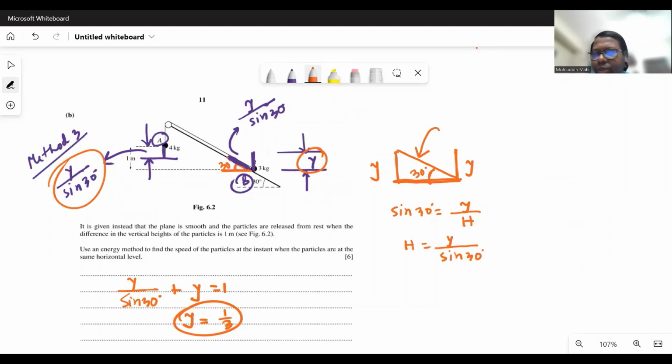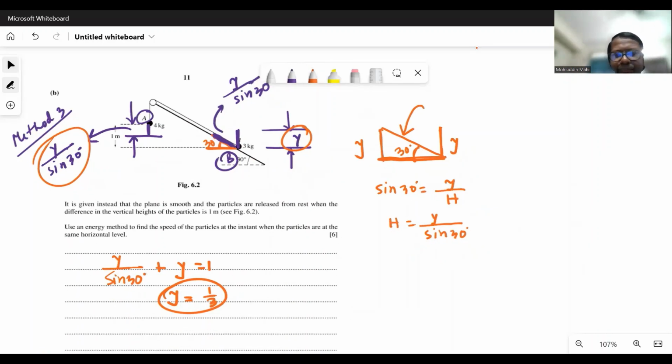Now again, apply the energy equation that we have used in the first method. And what was that?